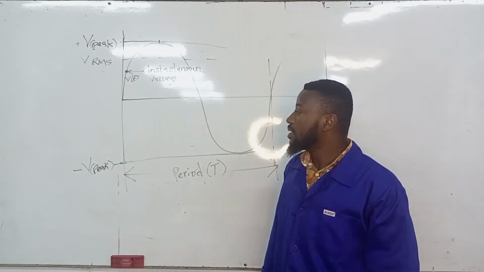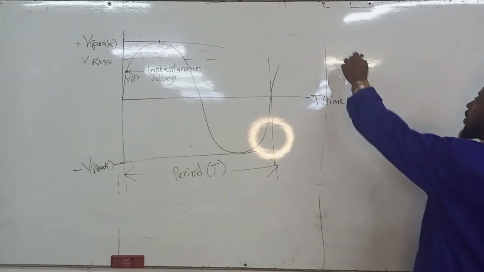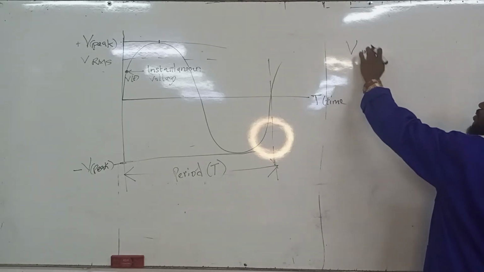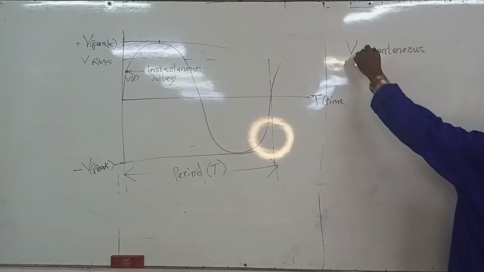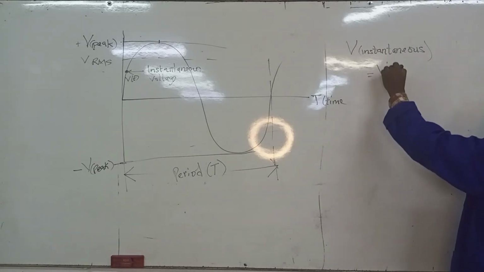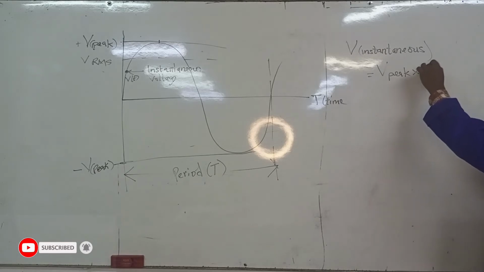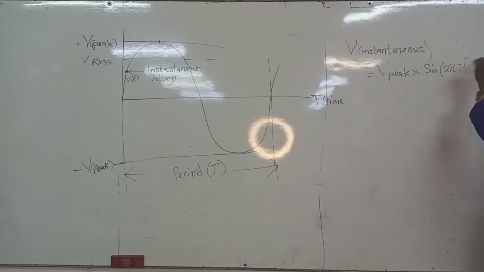Now, by saying instantaneous voltage, we mean that voltage which is instantaneous is equal to the peak voltage times sine of 2 pi ft, sine 2 pi ft, okay, which is the period.